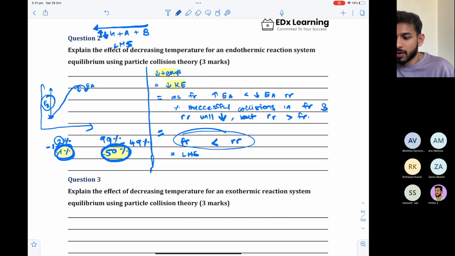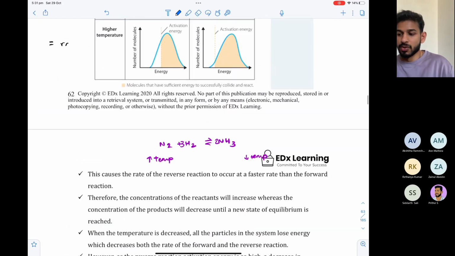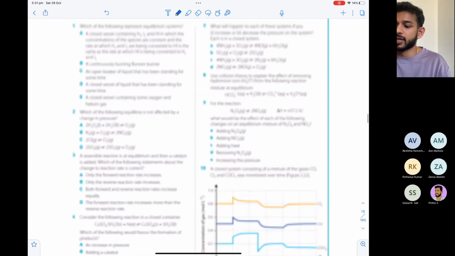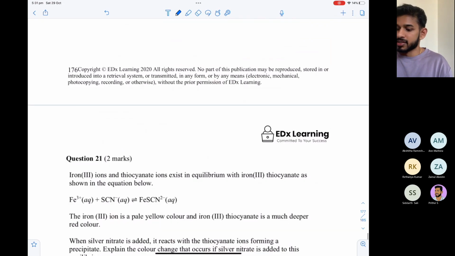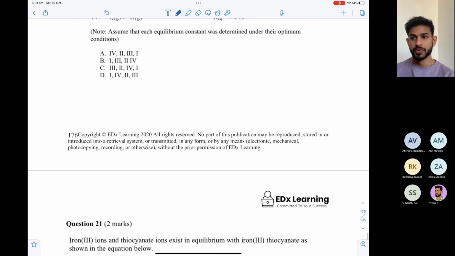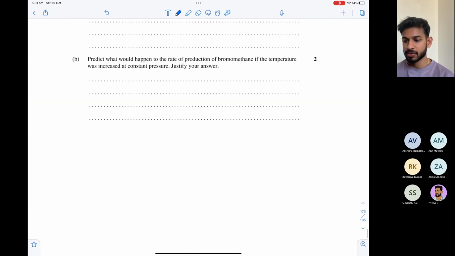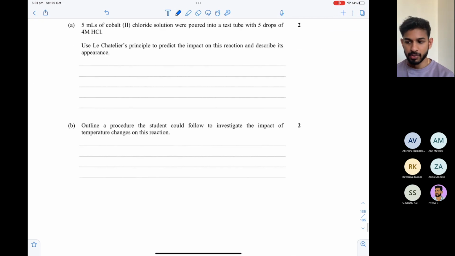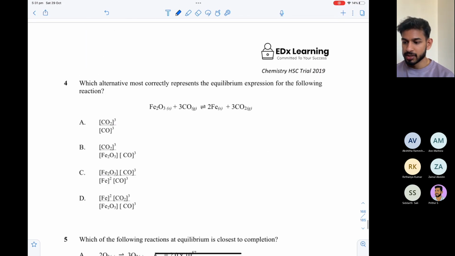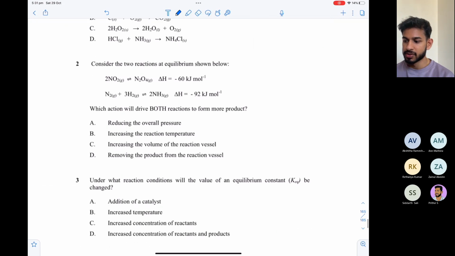What I want you to do now is, there's a lot of questions we've skipped, and also if you go straight down to the end of this theory book, there's a ton of questions for you to do. So what I would start doing is start skimming through. I've collated all the questions by trial paper, but they're all Mod 5 related. So start looking at the questions and seeing the questions you can do.